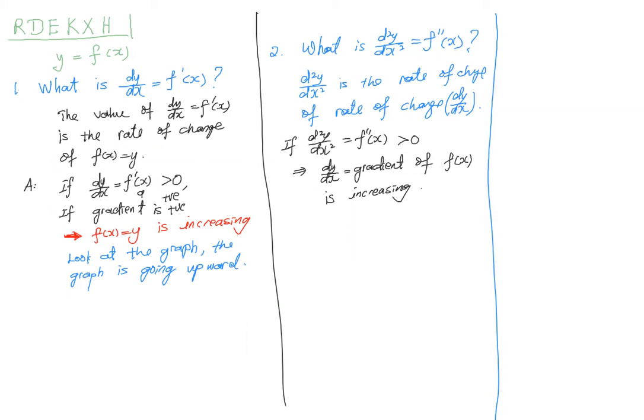So now I need to combine the two. The f double prime x value is just telling me that the gradient of the function is increasing. But if I want to talk about the shape of the fx graph, if my f double prime x is greater than 0, what shape?